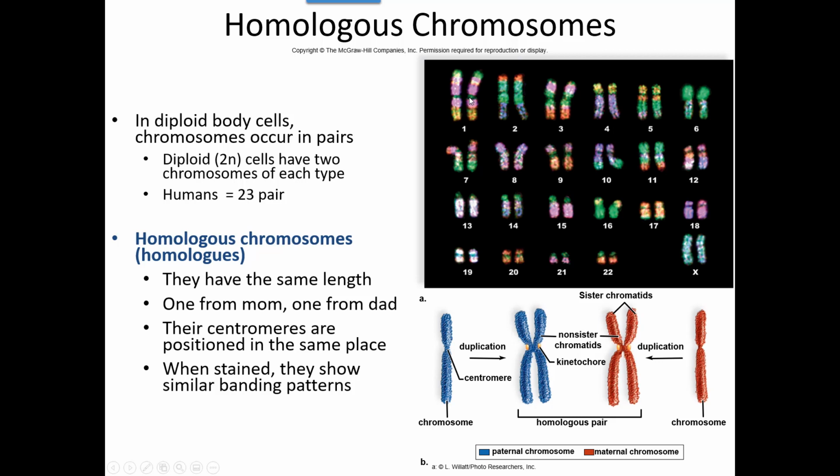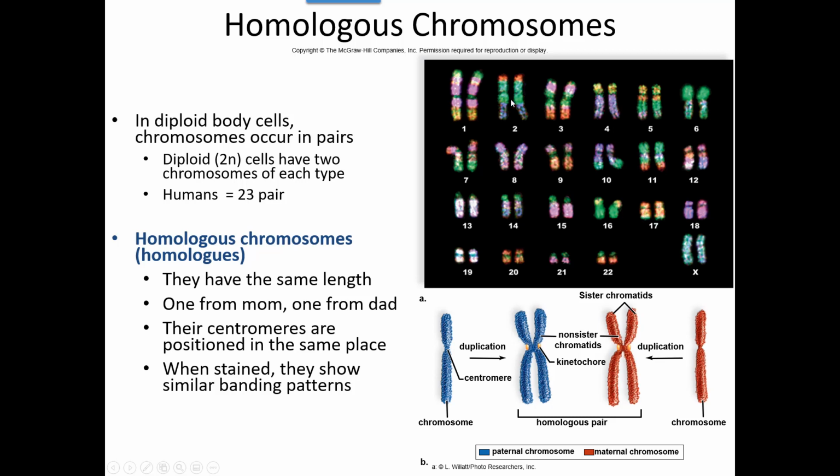And this would also control the trait for hair color. The trait for hair color is actually spread over multiple chromosomes, but it could be found just on chromosome 1 in this one same location. So they have the same length. They're even grouped and separated out by length.